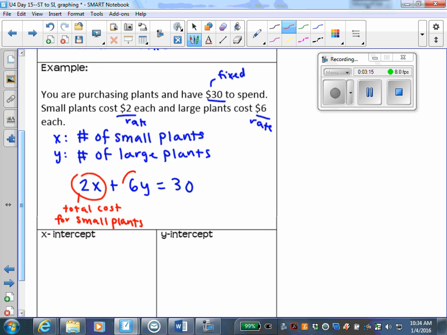The 6y is representing the total cost for large plants. And if I add the total cost for small plants plus the total cost for large plants, that equals the 30, which is the total cost for all plants. Or we could say for both types of plants.